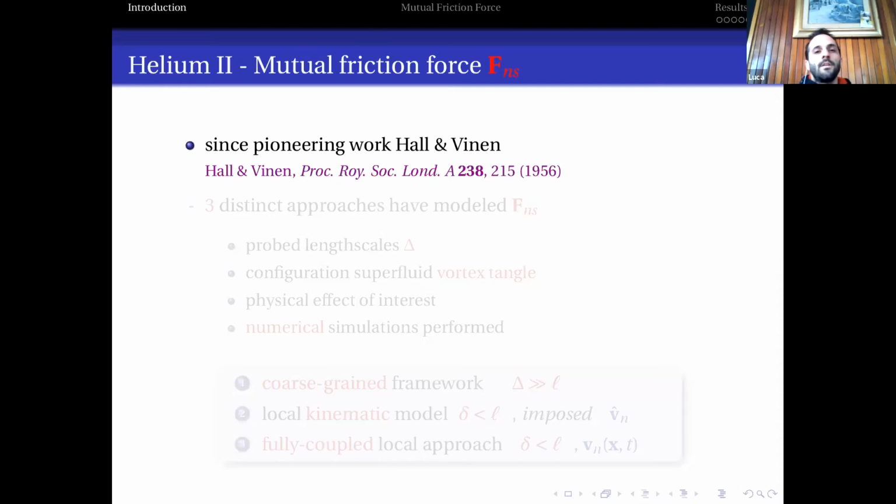Over the years, there have been many different models of this mutual friction force.